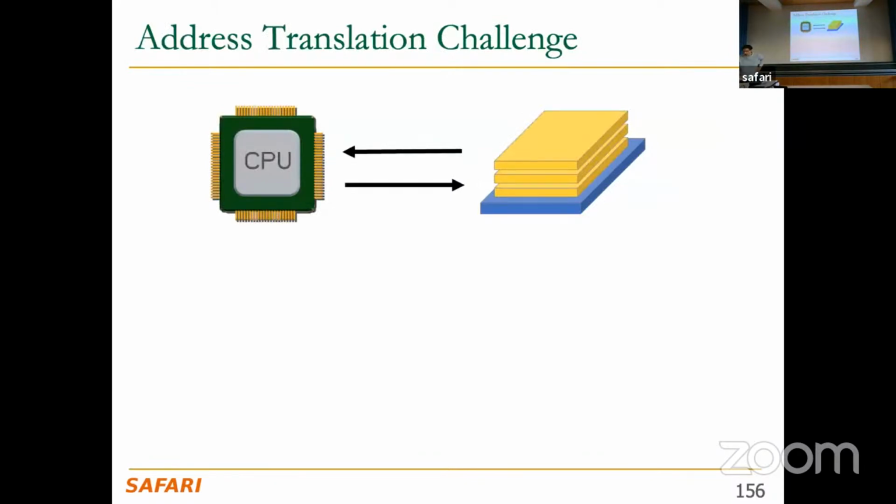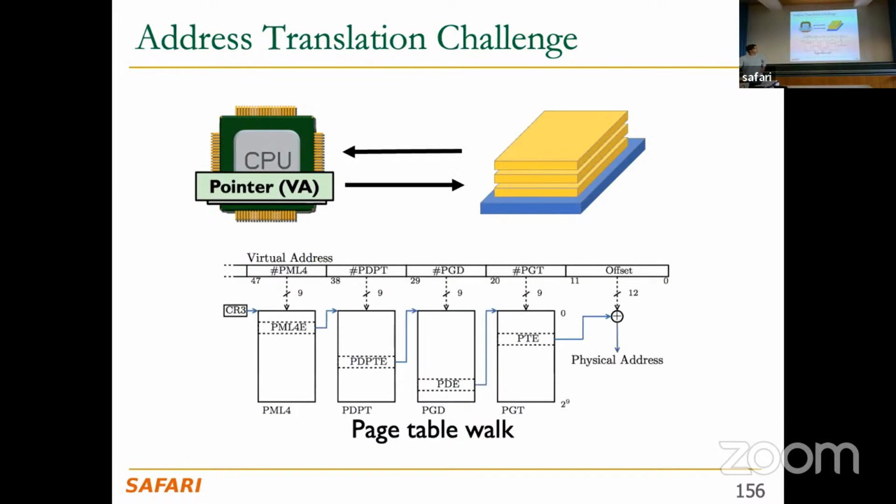Now, how is the virtual memory address translation challenge overcome? We have a pointer, right, in virtual address space. In the regular CPU, we have TLBs, we have a memory management unit, and they take care of the virtual memory address translation, right? We check the page table, for example, and then that gives us a physical address. That's the physical address in memory that we need to access.